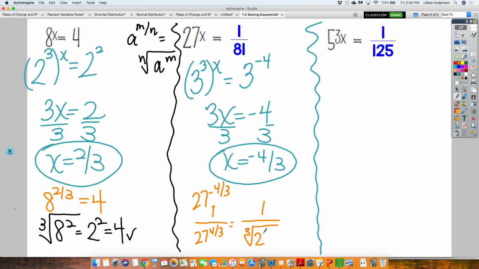What root? Cube root, 27 to the 4th. Now again, don't know if you're going to have these calculators, but you can tell me what the cube root of 27 is. And then what's 3 to the 4th power? 81. Hence, knowing those powers makes things a little bit easier.